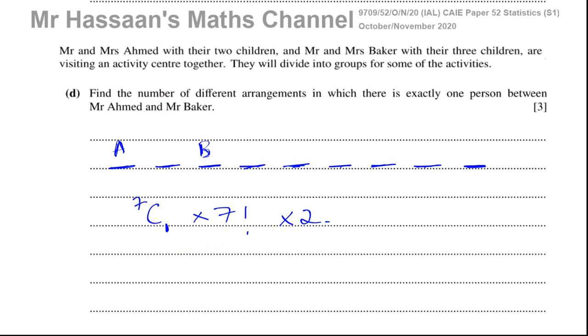So we have one person chosen to go here. These two can be arranged either way, B, A or A, B, so that's where the 2 comes from. And 7 factorial is for these 7 people to be arranged in these 7 spaces. So 7C1 is 7, times 2 is 14, times 7 factorial.